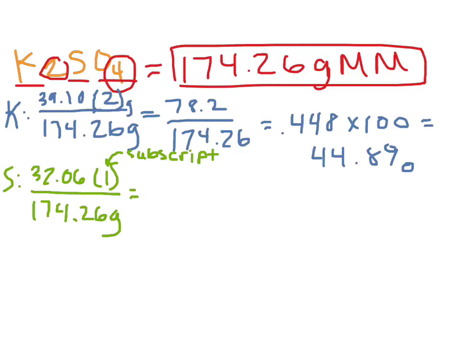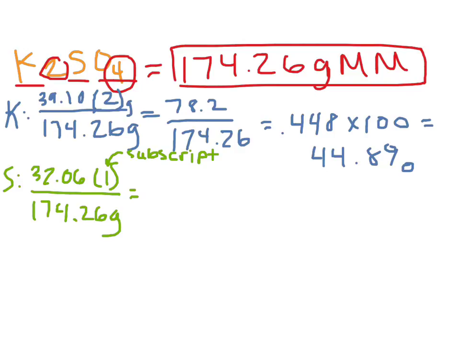So 32.06 divided by 74.2, which is going, oh, whoops, it's 26, sorry. It's not going to make much of a difference, but on your test, make sure that you don't round until the last time.